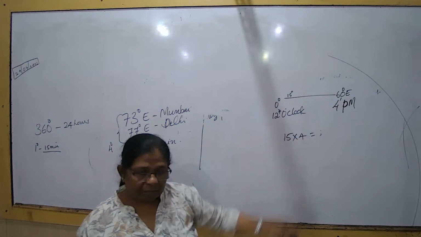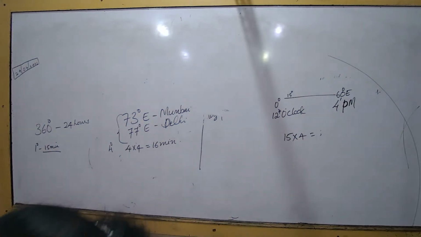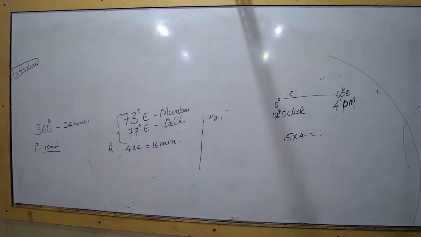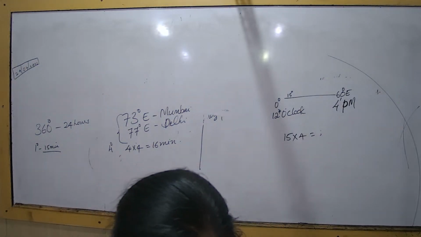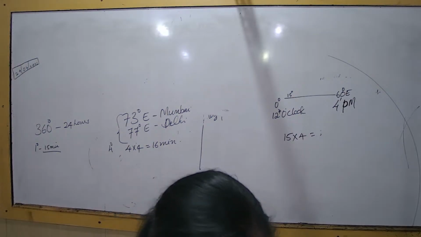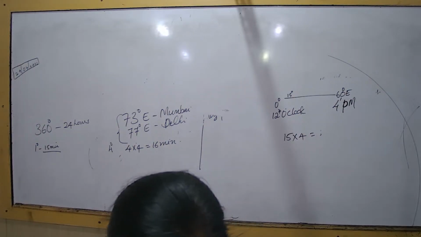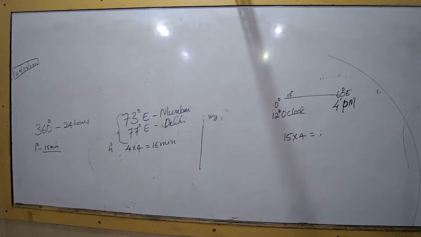Is it clear? Then one sum I am giving, you just find out. You just write down: It is 5:30 p.m. in India when the Prime Minister's radio broadcast, the PM's radio broadcast made from Montreal in Canada.